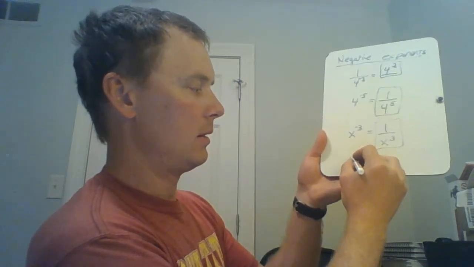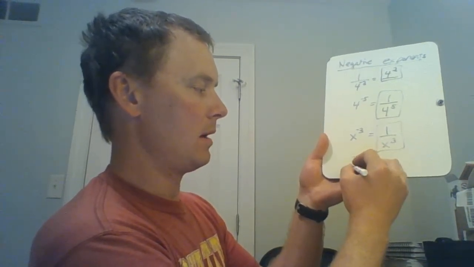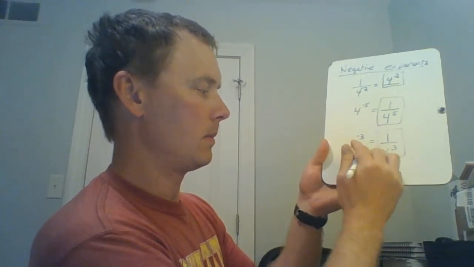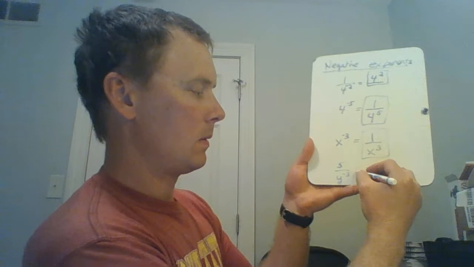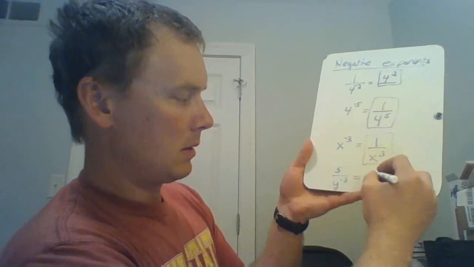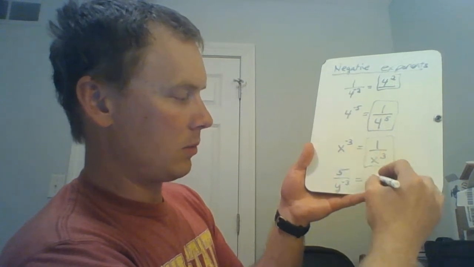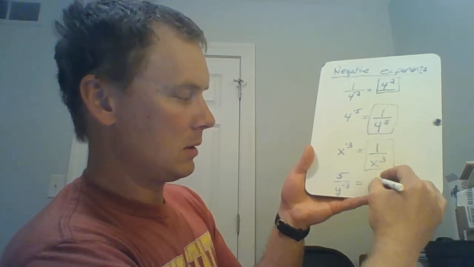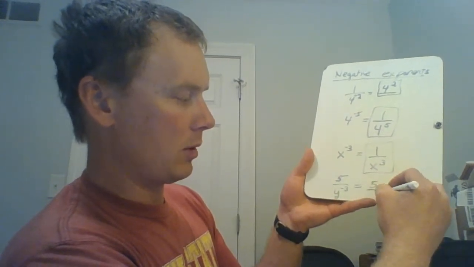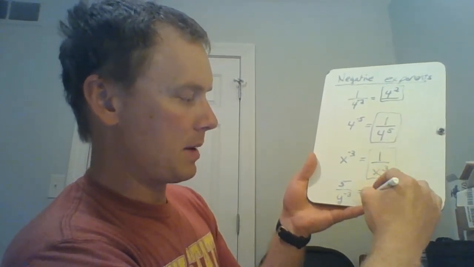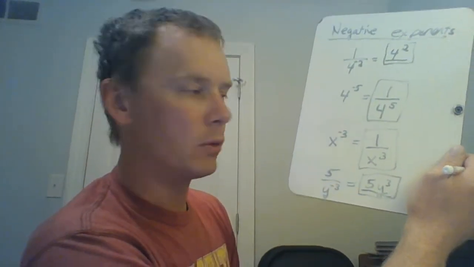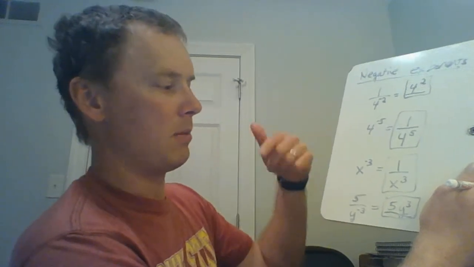Or if I had 5/y to the negative third, make my fraction bar. There's nothing with the 5, so that just stays where it is. And then I want to move that from the denominator to the numerator and make the exponent positive. There we have it. Okay, so those are negative exponents, kind of the basics with that.